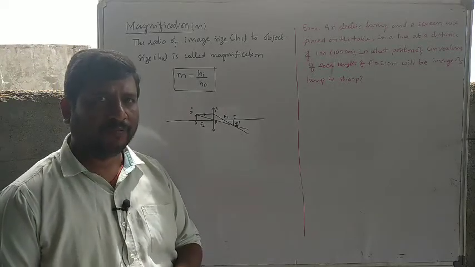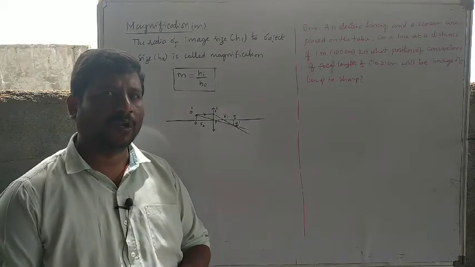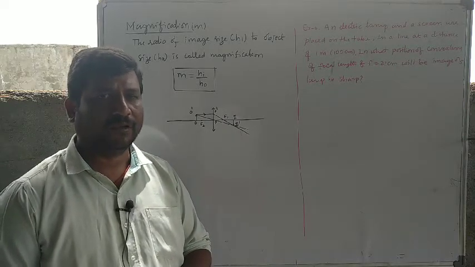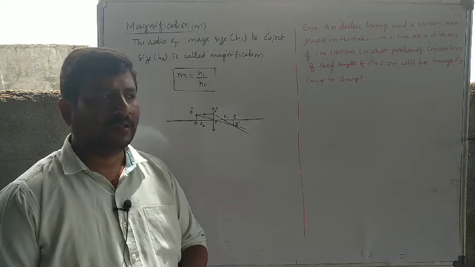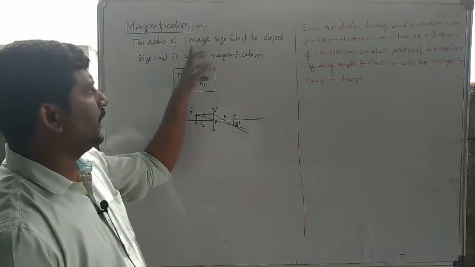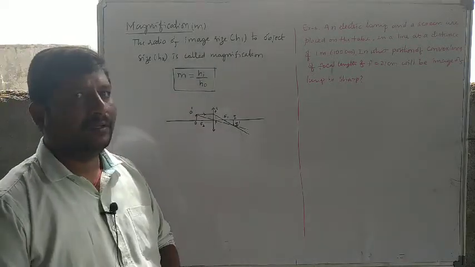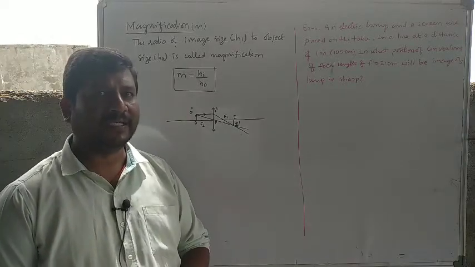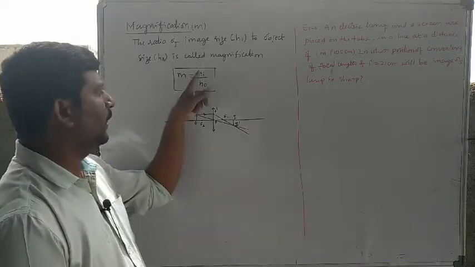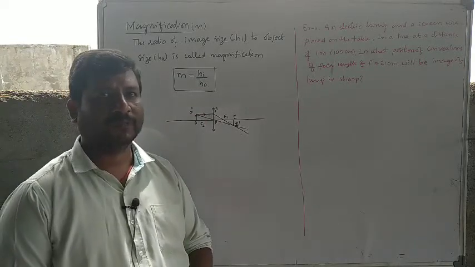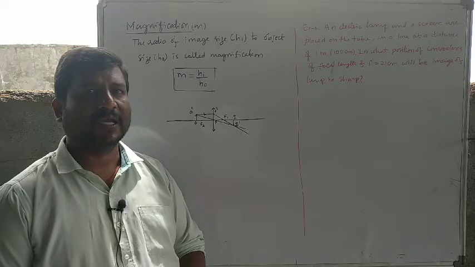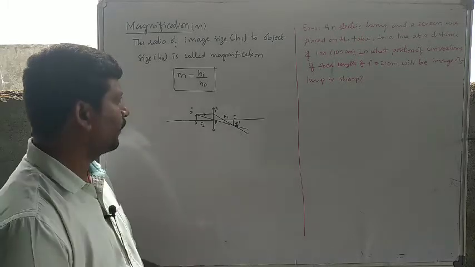The ratio of image size to object size is called the magnification of a lens. If we denote image size with HI and object size with HO, then the magnification is given by m equals HI by HO.